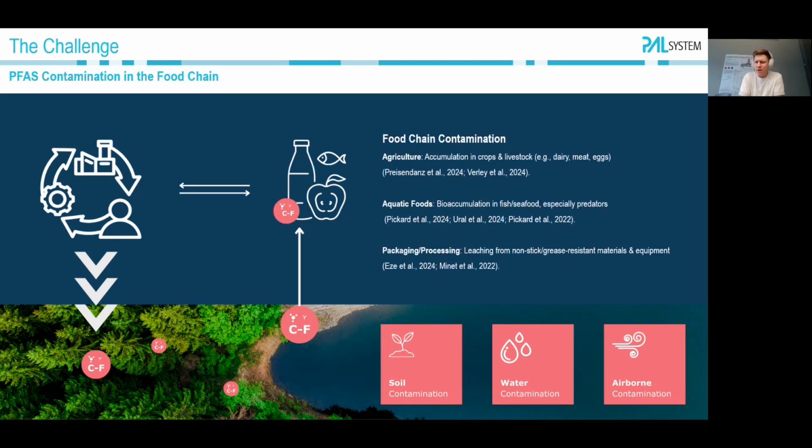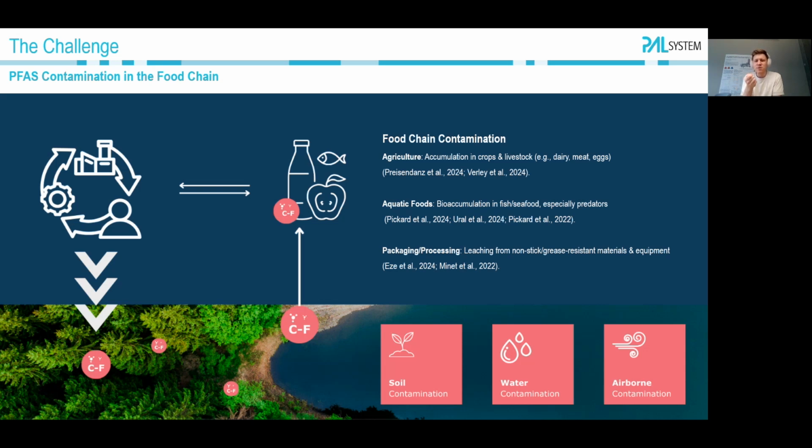Naturally, if they're everywhere in the environment, they're going to find their way onto our plates. In agriculture, this is a growing concern. They can be absorbed by crops from contaminated soil or water, or accumulate in livestock. Think dairy, meat, eggs. Here, the highest concentrations are found in animal products. In aquatic ecosystems, you would find PFAS concentrating up the food chain, especially in fish and other seafood.